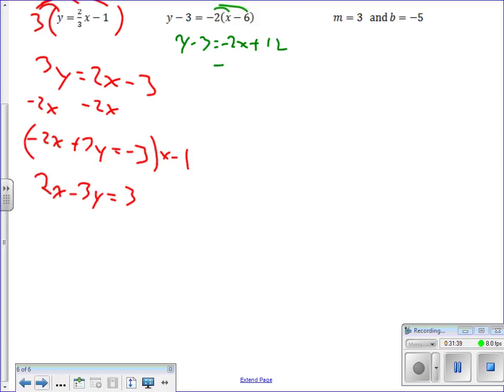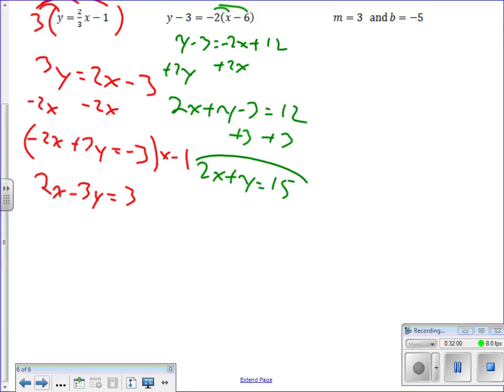So I add 2x. 2x plus y minus 3 equals 12. What do I need to do to finish off? Add 3 to both sides. So 2x plus y equals 15.